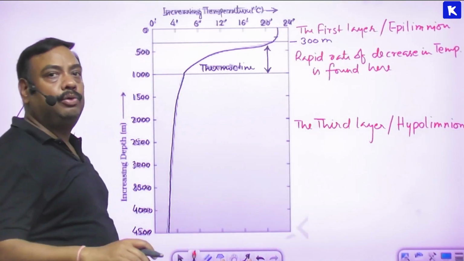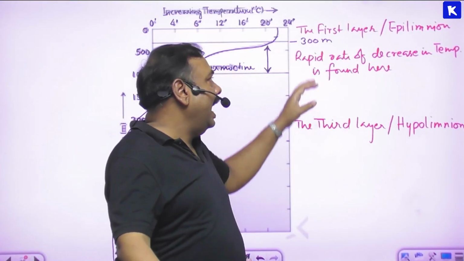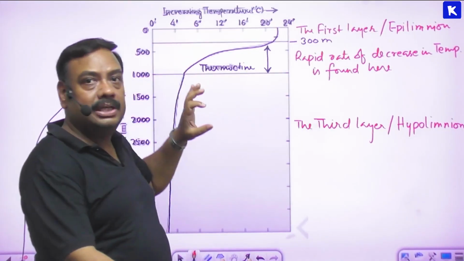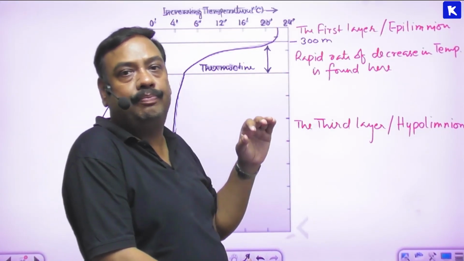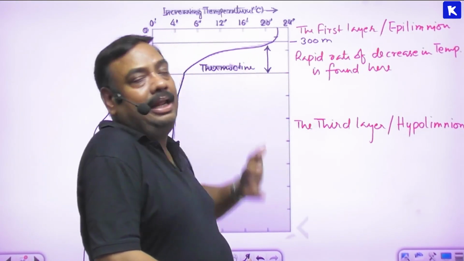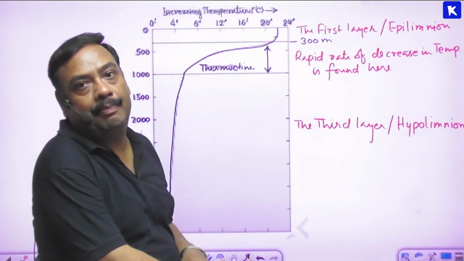So we have two different layers, the first layer and the third layer, and in between these two there is a layer which is quite different from both the adjacent layers. Why is it so? Because it is the only layer in the ocean water which shows the rapid rate of decrease in temperature.